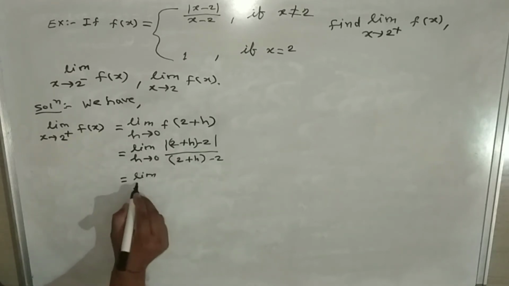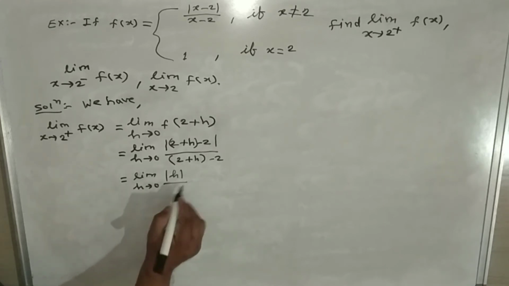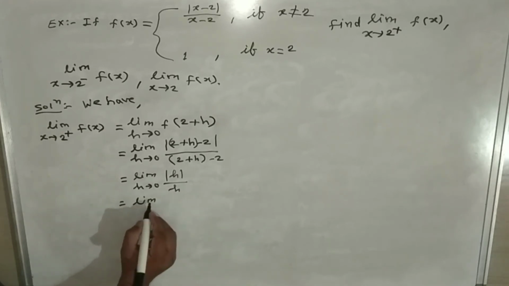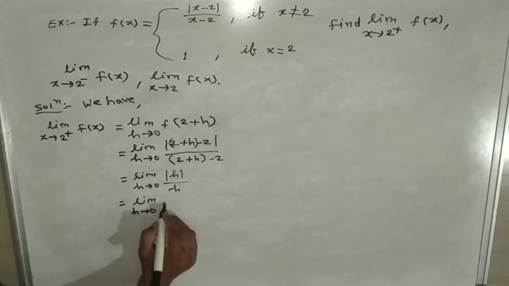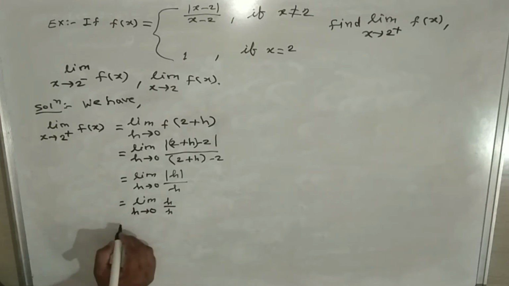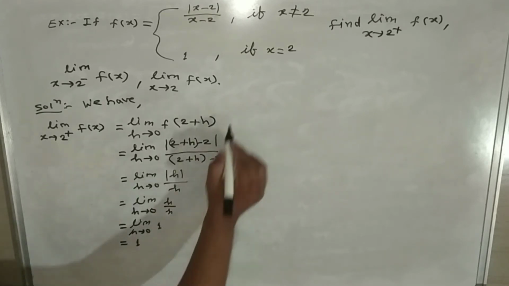So limit as h tends to 0 of mod h upon h, which is equal to limit as h tends to 0 of h upon h, which is 1, and therefore this is equal to 1. This is the right hand limit.